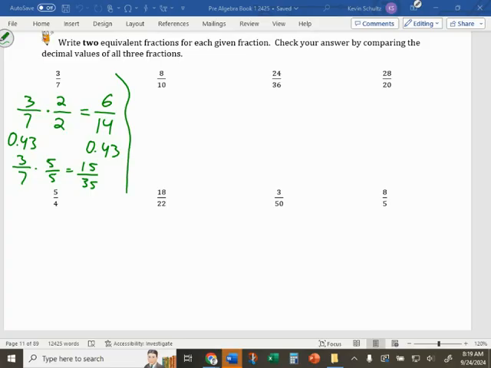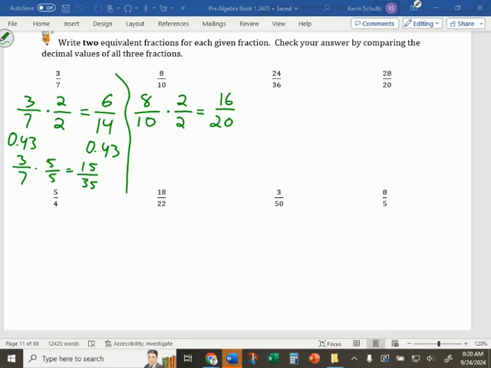So what I want you to do is for 8/10, show me what you are multiplying and dividing by. Let's take one with multiplication, one with division. Madeline, what do you want to multiply 8 and 10 by? 2. So show me you're multiplying by 2 over 2 and what that equals: 16/20.